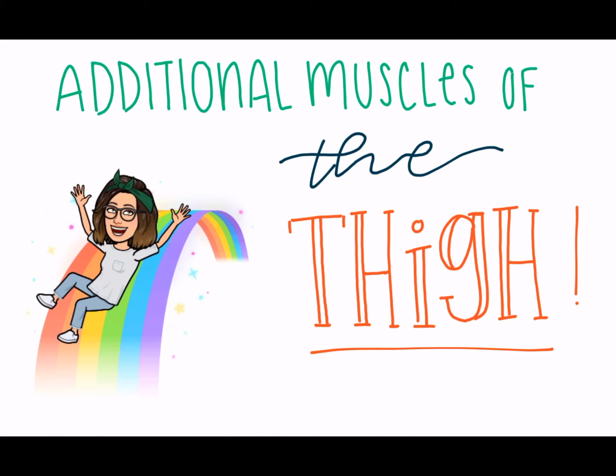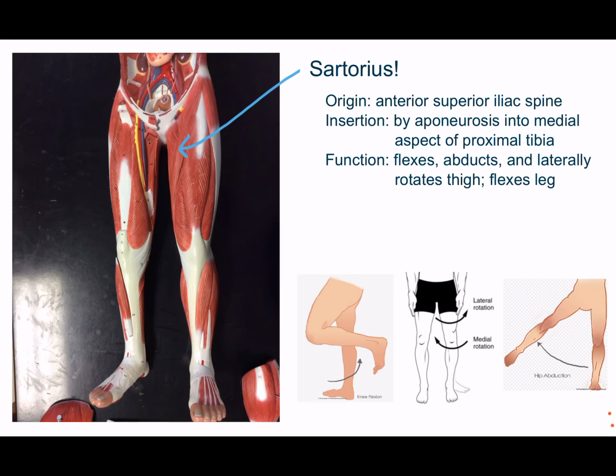So now the additional muscles of the thigh, not your giant movers, but the other ones that cover them up. So the sartorius, which is one of my favorites because I just think it's super cool, that it traverses across. See right here, this is your sartorius. It's going to originate on the anterior superior iliac spine, the ASIS.